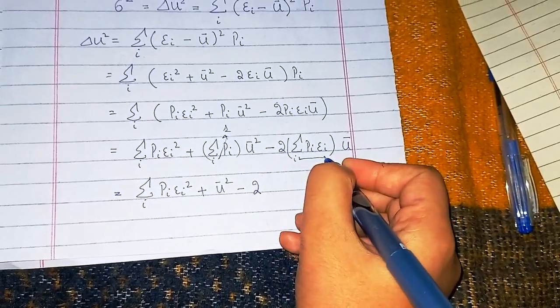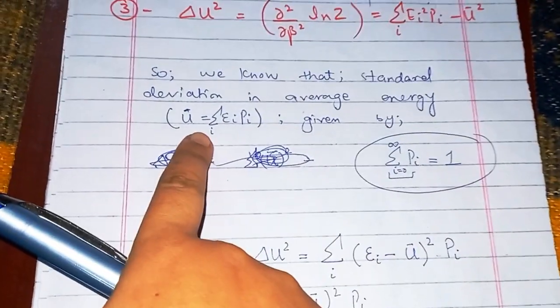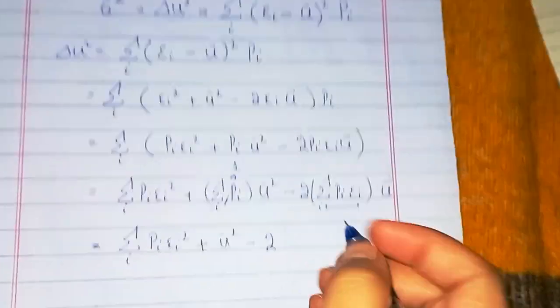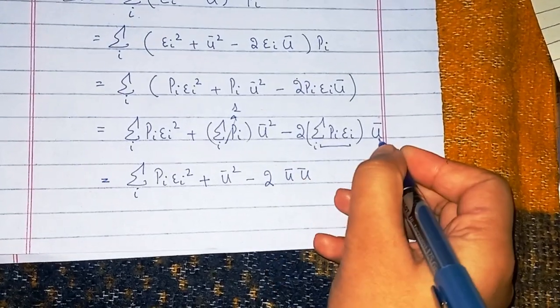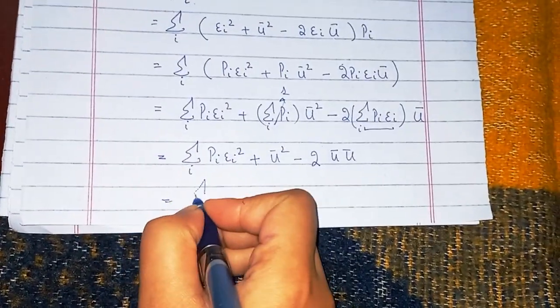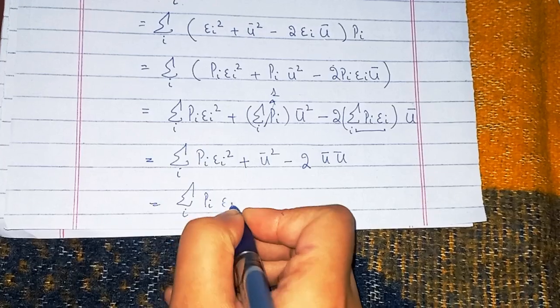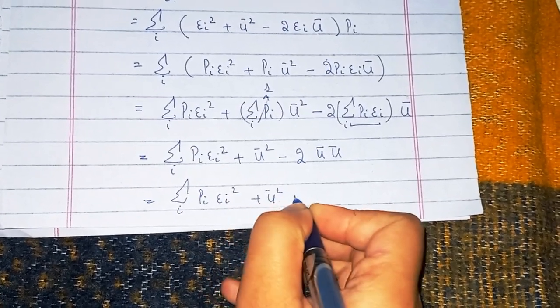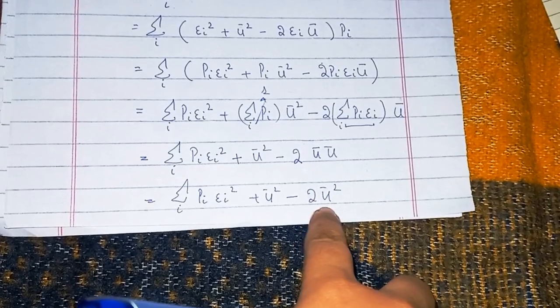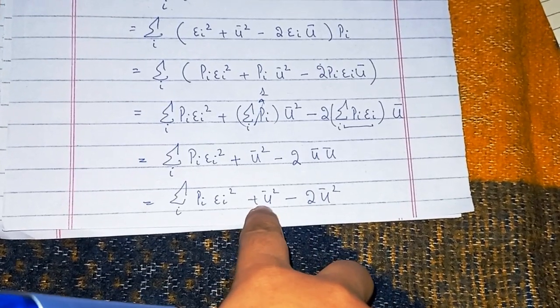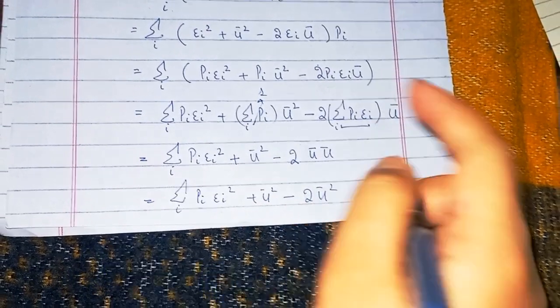And this term, if you recall, equals the average energy, so you can put u bar instead of it, and this u bar is already there. So it's summation i pi ei square plus u bar square minus 2 u bar square. It's u bar into u bar, meaning 2 u bar square, plus u bar square and minus 2 u bar square.